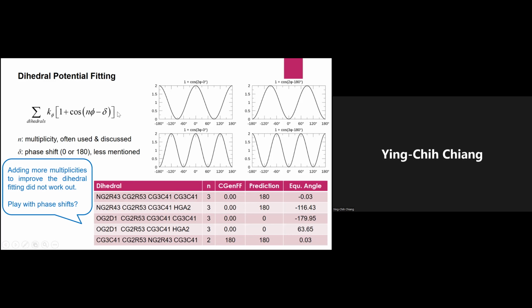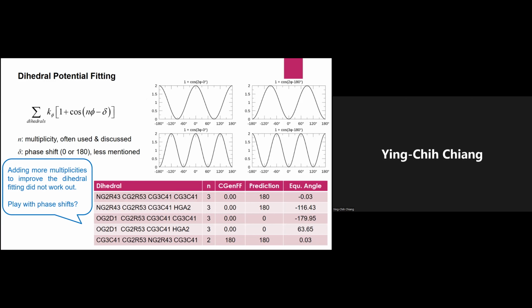So we first tried to add more multiplicities to improve our dihedral fitting, hoping that would improve the MD simulation, but that did not work out. So apparently the only thing we can try is to play with the phase shifts. But how? This is the part which is quite interesting.